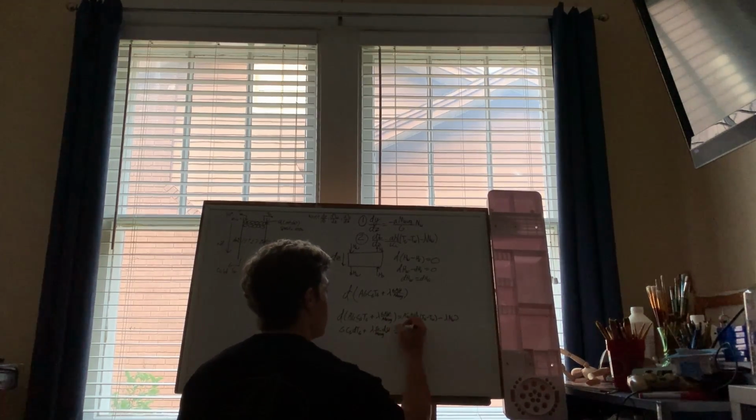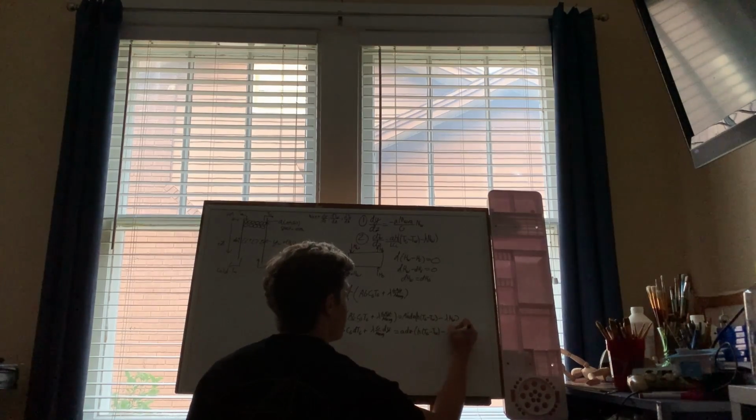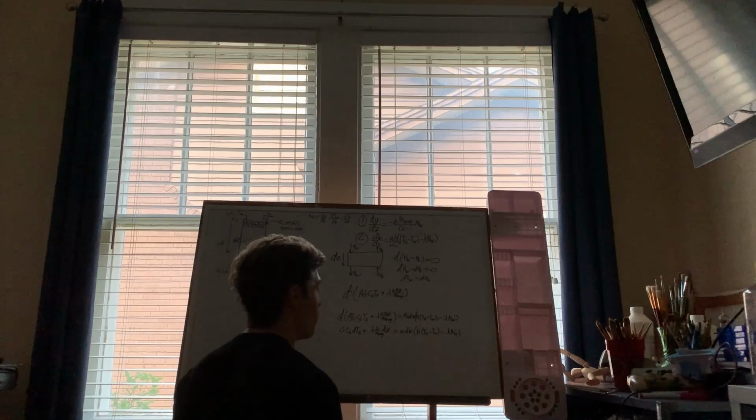And that's going to equal our cross-sectional area times the change in position multiplied by the heat transfer coefficient times the difference in temperature between the gas and our water, minus our heat of vaporization times our molar flux of our water.